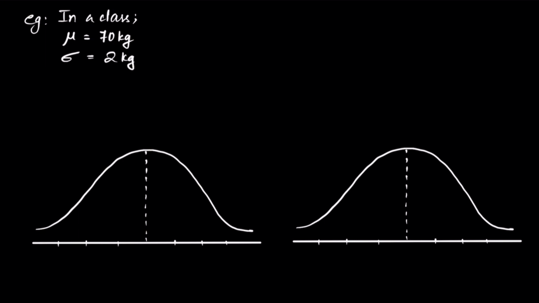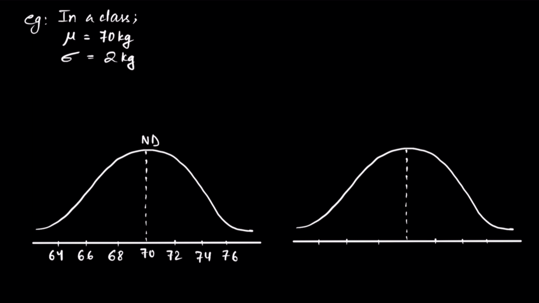So if you were to represent it in an unstandardized normal distribution, you'd keep the mean value as 70 kg, and then on either side, on moving one standard deviation away, you'd get 70 plus 2, 72 kg, 70 minus 2, 68 kg. And the graph would complete with values something like this: 74, 76, 66, 64.